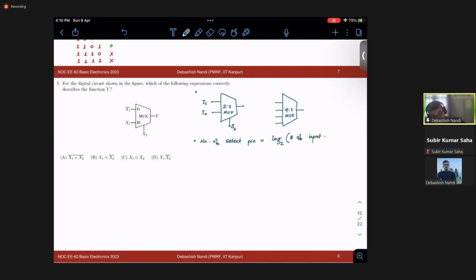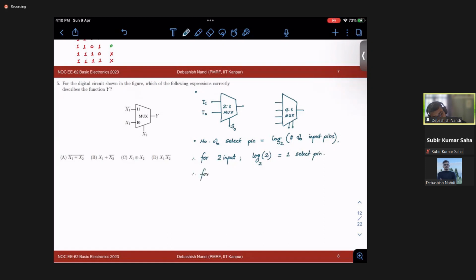So for 2 inputs, we will have log 2 base 2, that is nothing but 1 select pin.